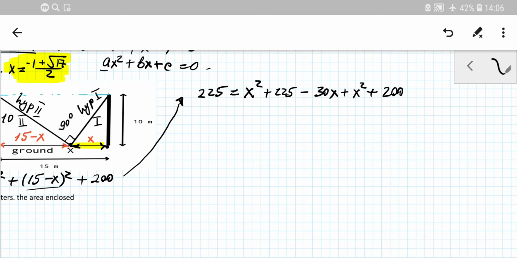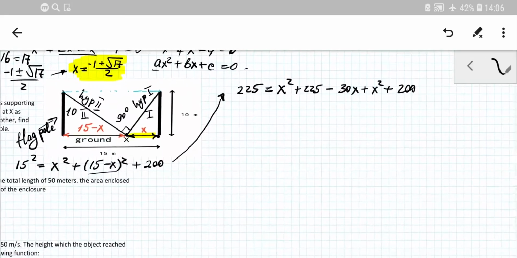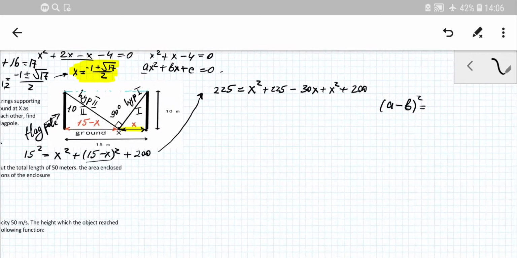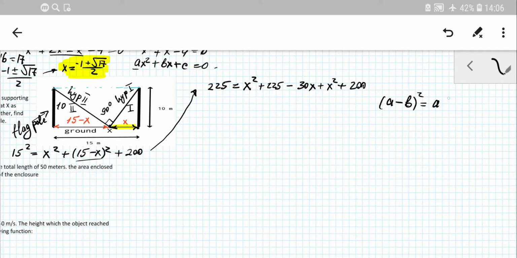I remind you in almost every video how it works, so it's easier for you, and to help you memorize it. So a squared minus 2ab plus b squared, that's exactly what I used here when I expanded the brackets.